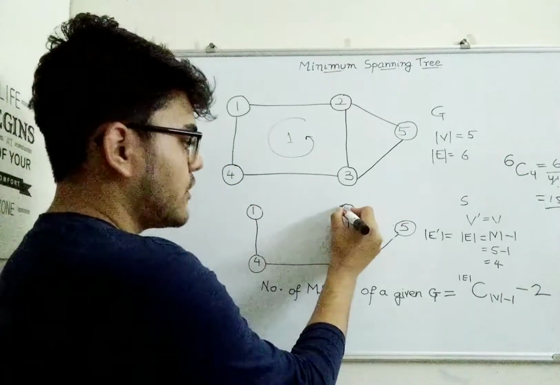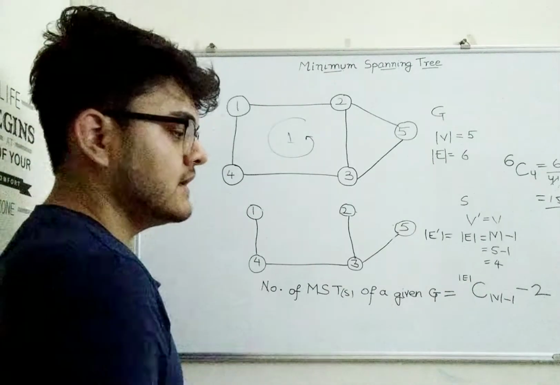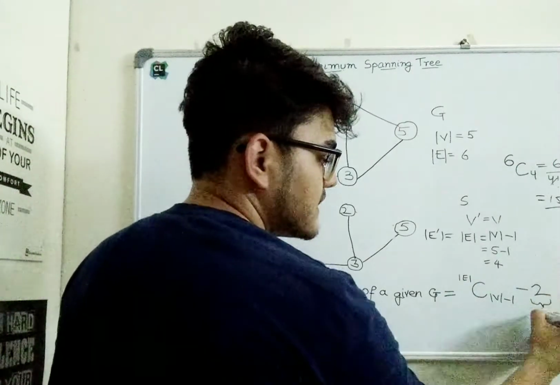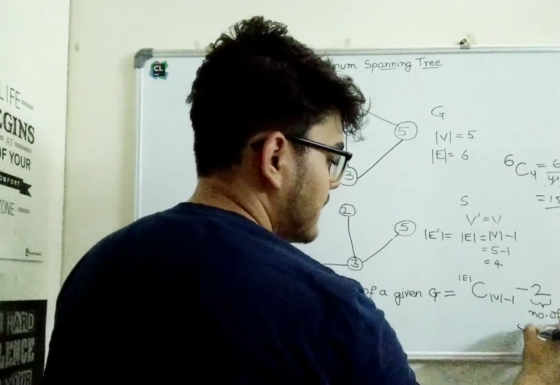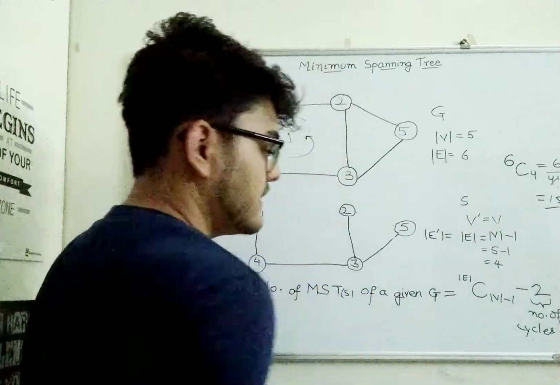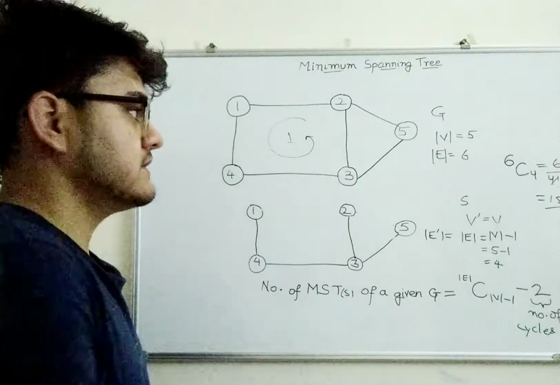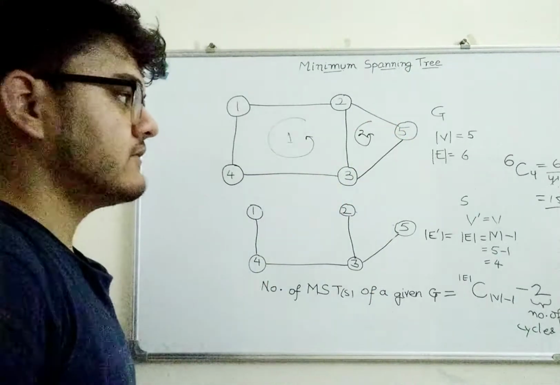In this way we can obtain the number of minimum spanning trees of a given graph using this formula, where 2 is the number of cycles in graph G. In the original graph G there were 2 cycles. So this is what our minimum spanning tree is.